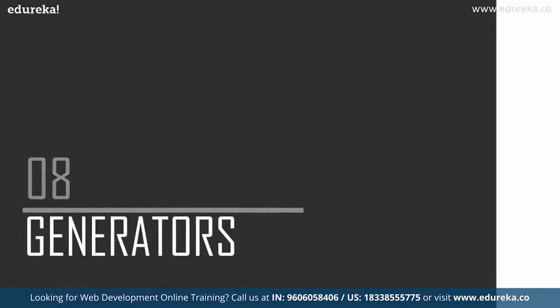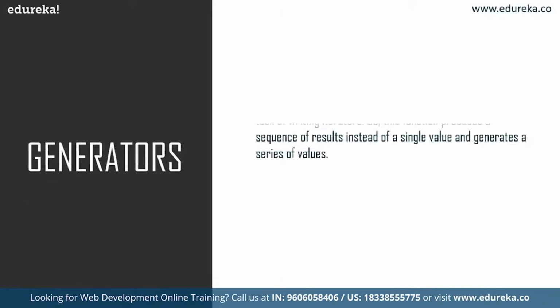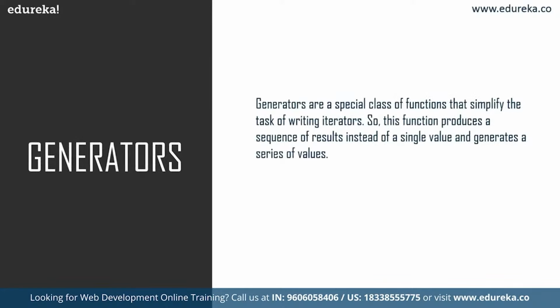Finally, let's talk about generators. Generators are a special class of functions that simplify the task of writing iterators. This function produces a sequence of results instead of a single value and generates a series of values. Thus, in JavaScript, a generator is a function that returns an object on which you can call the next function.